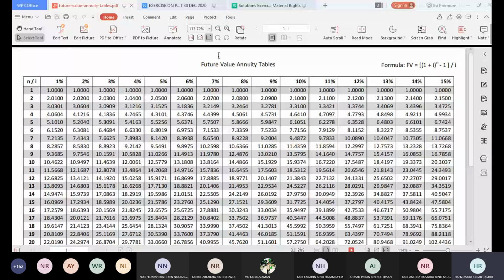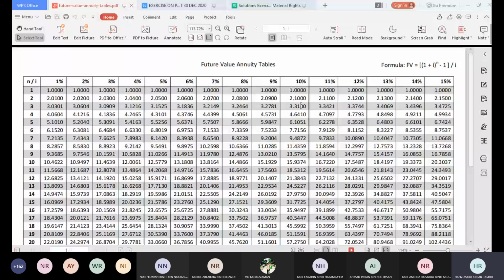It's 10%, so you look into the 10% column. Actually, I think you should know, this is what you have learned in your finance courses. How many years? It's 5 years, so you take 10% and look into the row n equal to 5.